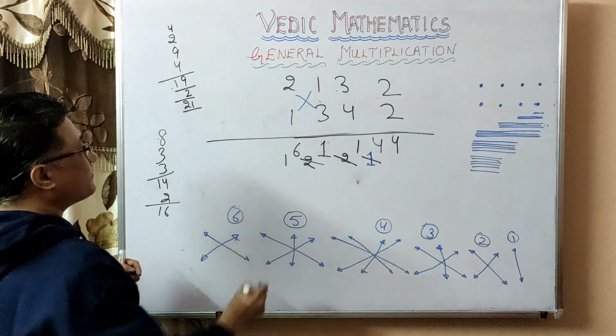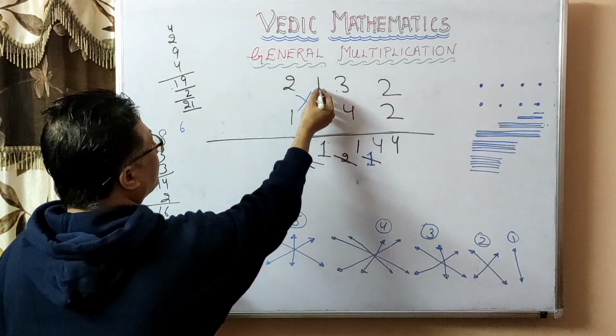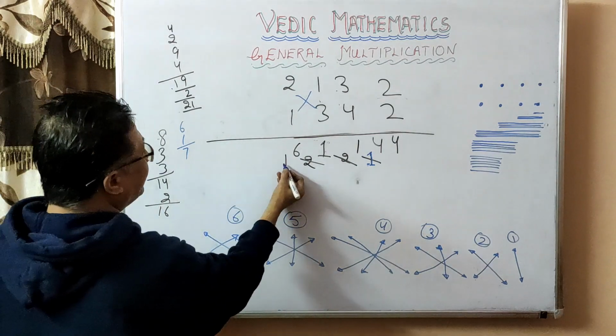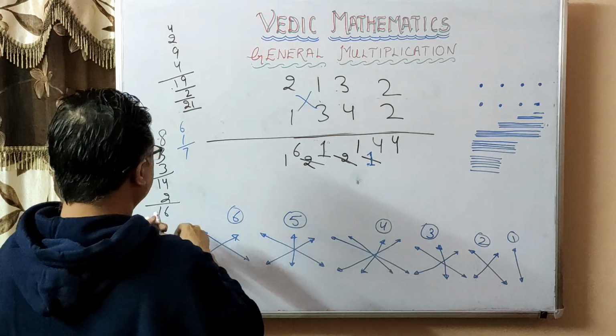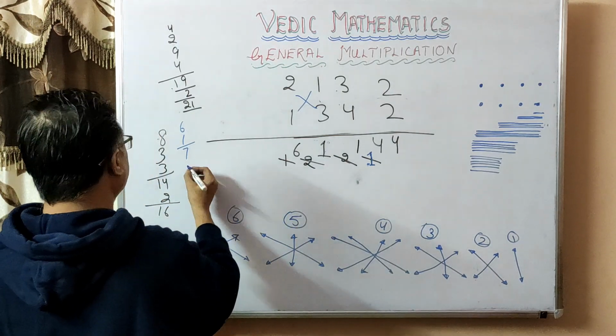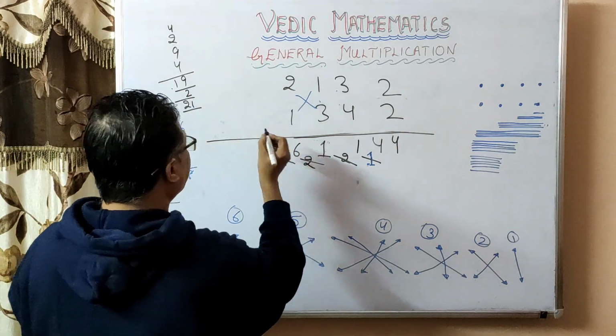This will be our sixth step. 3 2s are 6 and 1 1s are 1. 6 and 1 is 7. And this is 1 which is carried. So I'll strike this off. Carried forward. 7 and 1 is 8. So I'll write 8 over here.